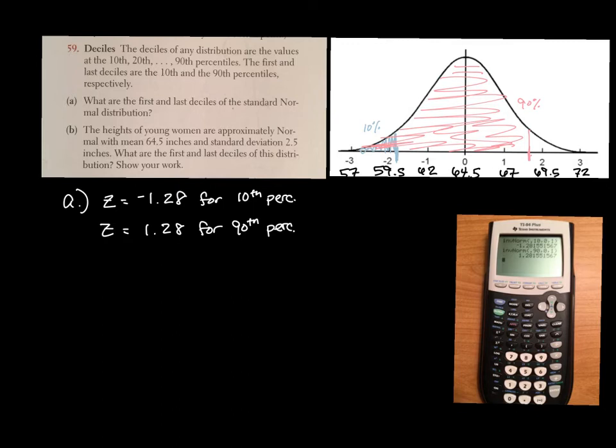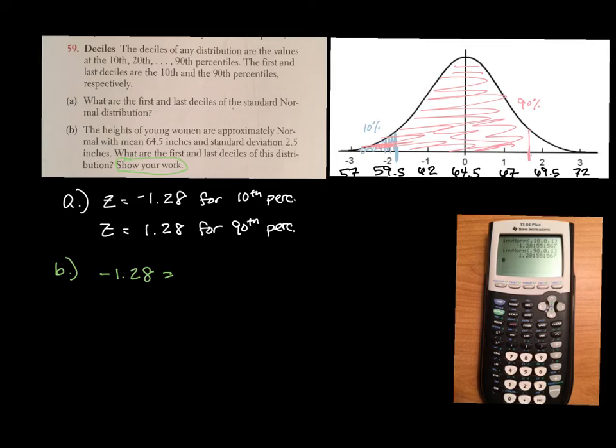Now, since it's negative 1.28 for the z-score, what I can do for B, and I'm going to do this in green, is, since it says show your work, what they really want us to do is to solve it out. So for the 10th percentile, I know that my z for the 10th percentile should be negative 1.28.